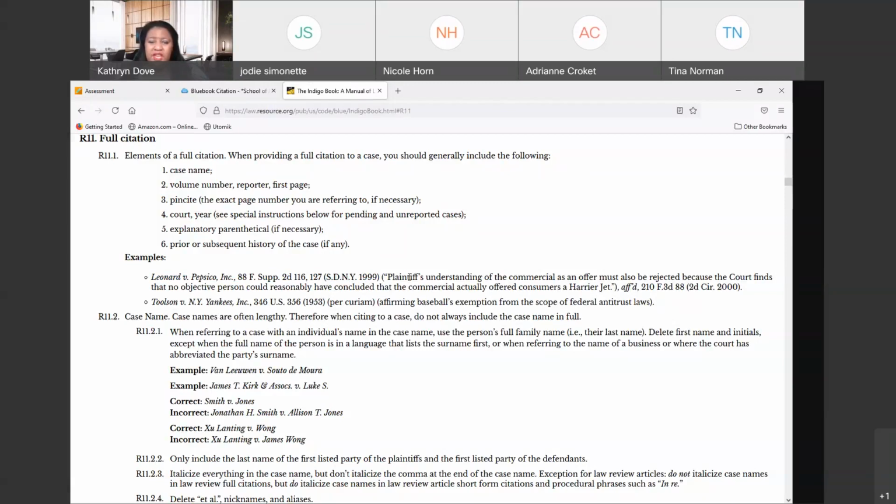The case said the plaintiff's understanding of the commercial as an offer must be rejected. Sometimes commercials that you see on TV or in the newspaper or online can be offers if they have specific, definite terms. But in this case, this New York court said that no objective person could have reasonably concluded that the commercial was actually offering consumers a Harrier jet.